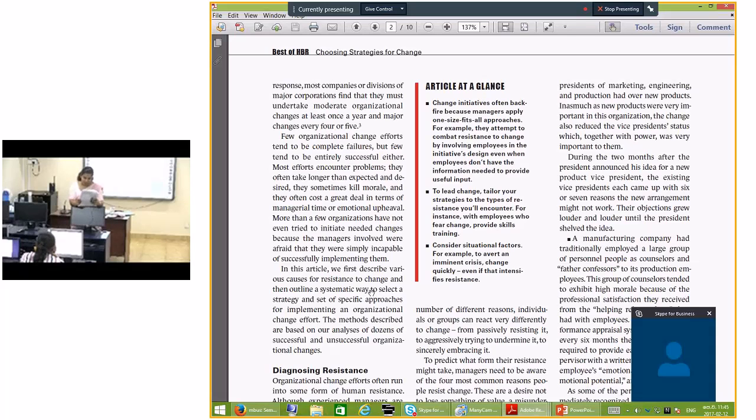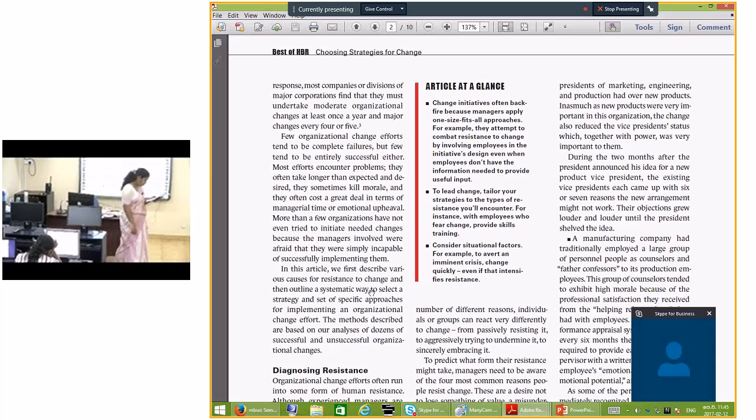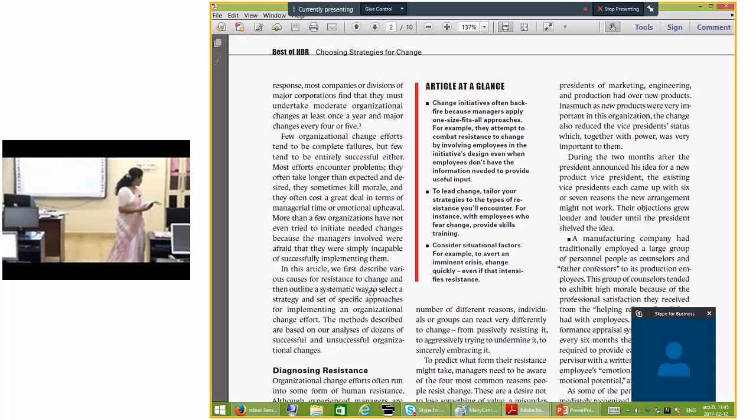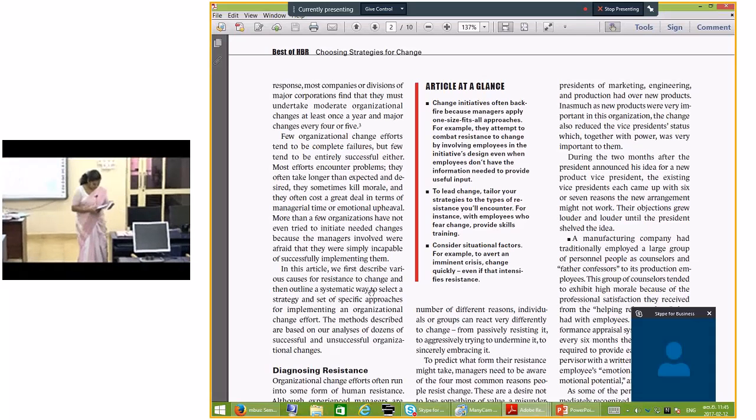Yes, what do you mean by the parochial self-interest? That is one thing. And what does it mean? Parochial self-interest means they are very narrow-minded.